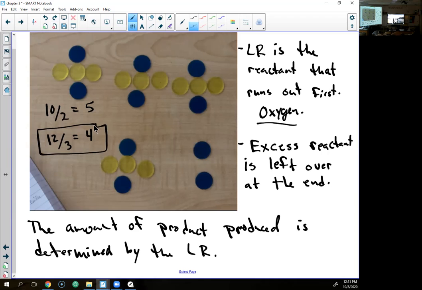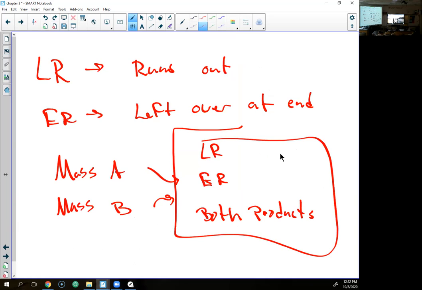The limiting reactant will be the one that always produces the smaller amount. Are we sort of okay on what we mean by limiting? It determines how much is made, and we need to be able to calculate how much will be made. We need to identify what thing is the limiting reactant, and then determine how much excess is left over. Okay?